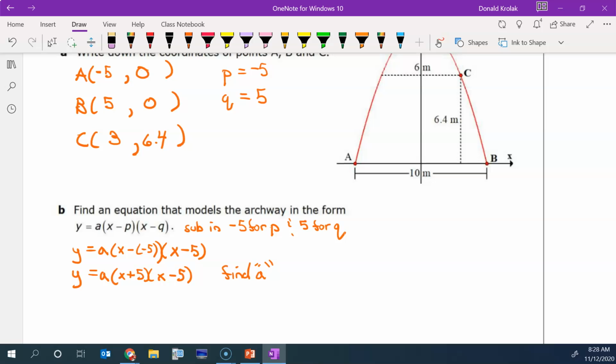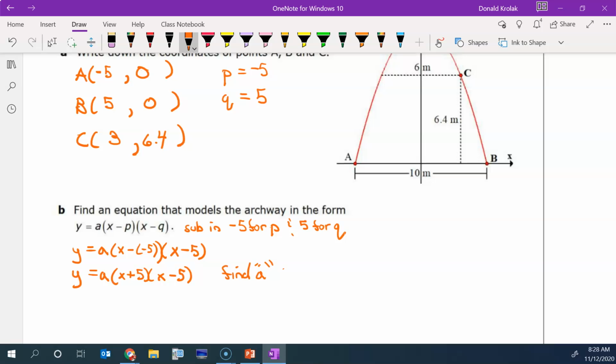Right now, this has got too many variables in it. It's got an X, a Y, and an A. I can only solve things that have one variable. So what variables do I got to substitute in for? X, and if I substitute a number in for X, then I'm going to have two variables. I want just one variable.